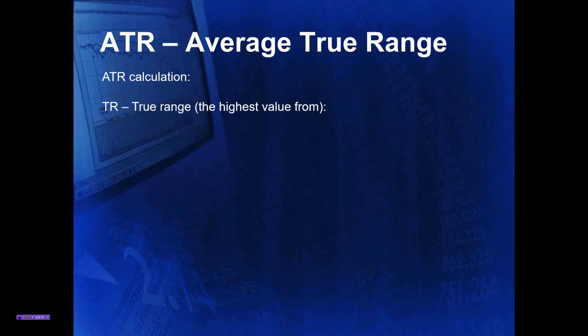The calculation is really basic. All you have to do is get the maximum value of one of these three values. First, you compare today's high minus today's low, and you get a value. What is really important here is that we are talking about absolute values. We are only looking at the absolute difference between these values, so we don't care if it's a negative value.